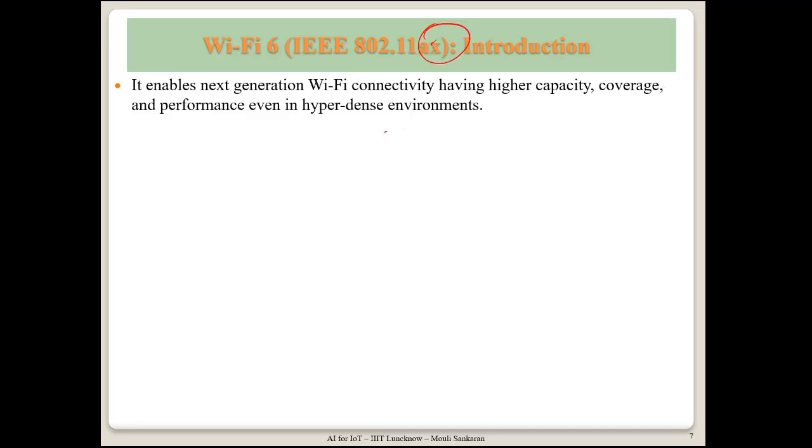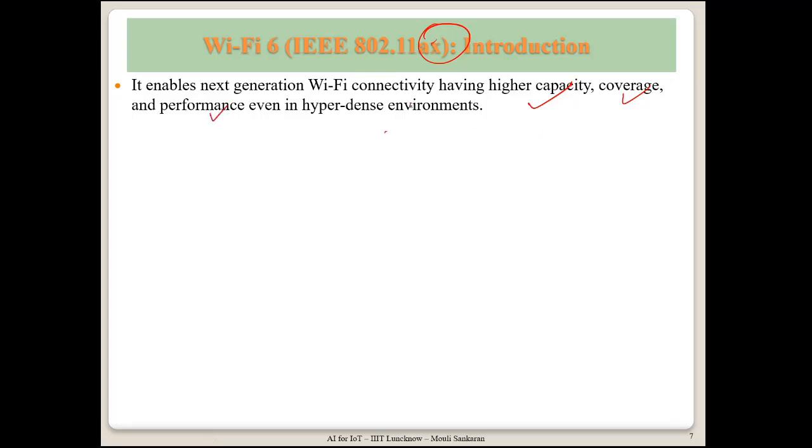AX is the standard, 802.11. It enables next generation Wi-Fi connectivity having higher capacity in terms of data rate, coverage, and number of devices covered. The range is not huge, but the number of devices, the device density, is more.